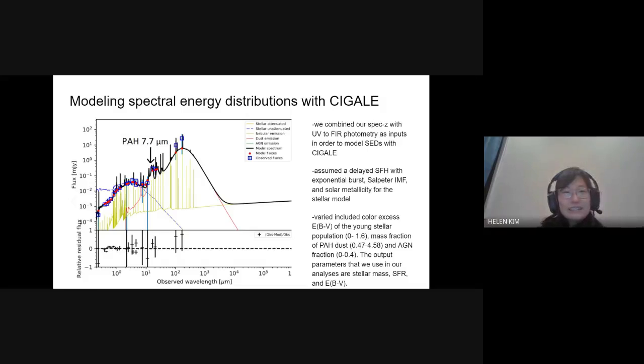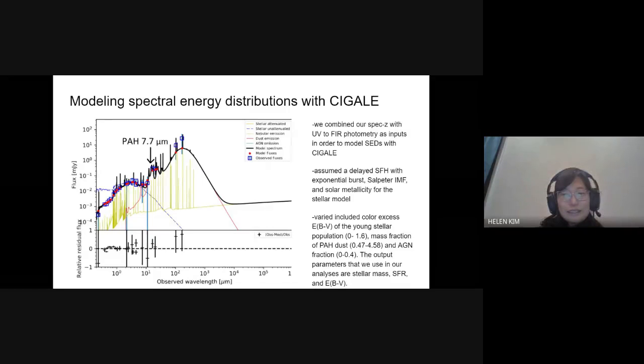Okay, so as I mentioned earlier, we modeled SEDs with SED fitting. And so we combined our spectroscopic redshifts with photometry from GALEX and the UV to the far infrared PAH data.